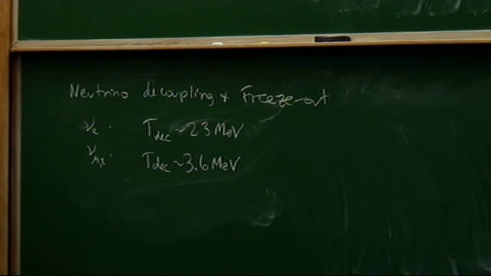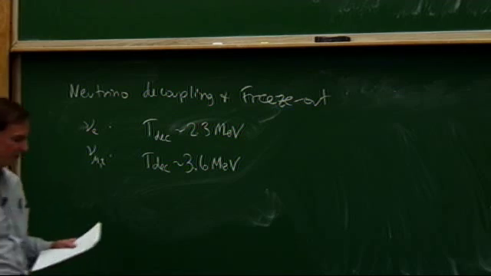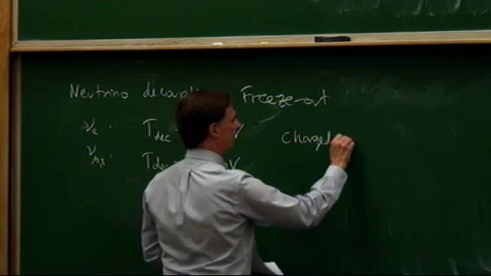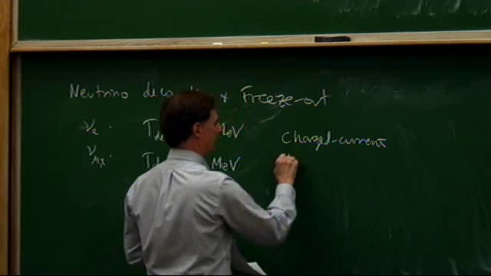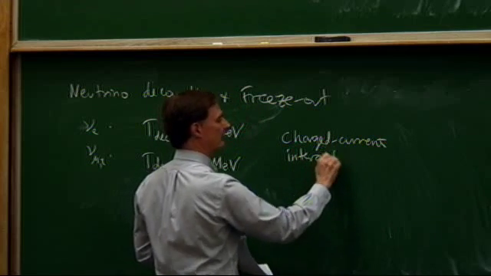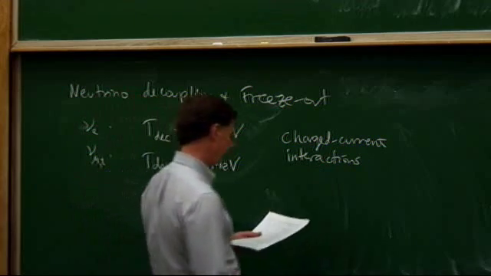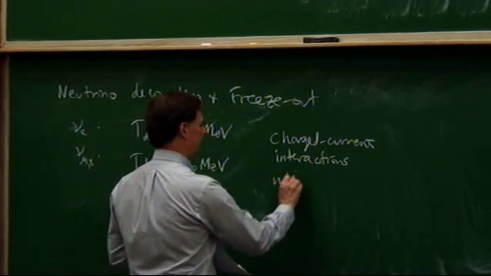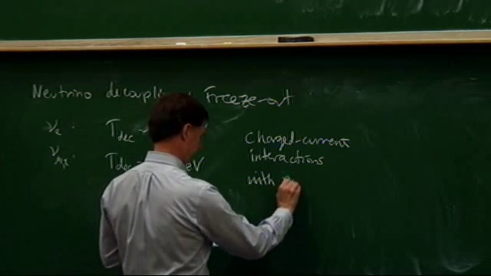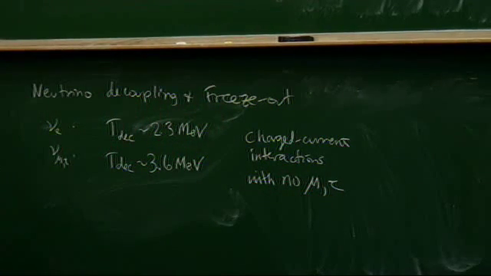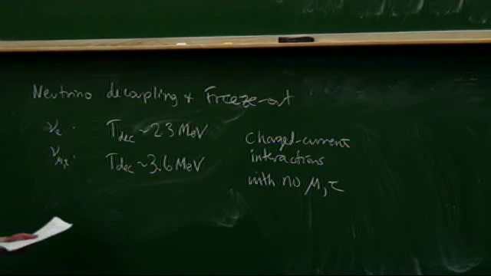Because these temperatures are much less than the mass of the muon and the tau, the charged current interactions can go both ways for electron types, but not for muon and tau. Because the plasma just has negligible muons and tau at these temperatures.